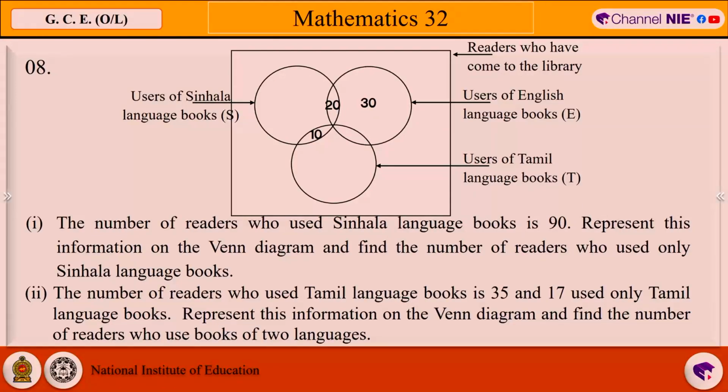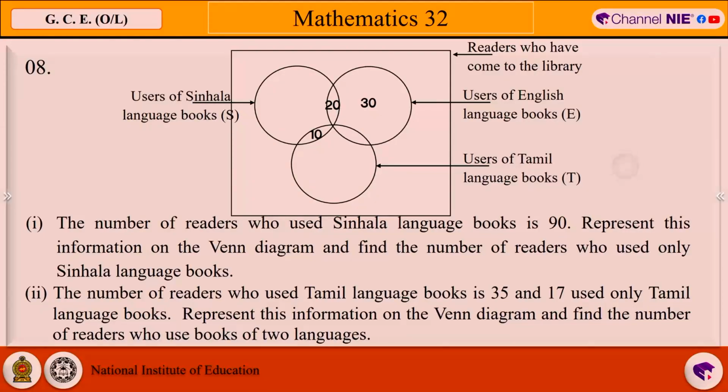And in the second part, it is given that the number of readers who used Tamil language books is 35 and 17 used only Tamil language books. Represent this information on the Venn diagram and find the number of readers who use books of 2 languages.